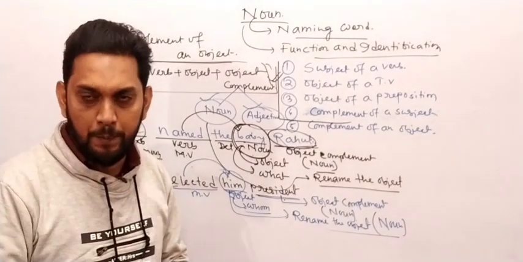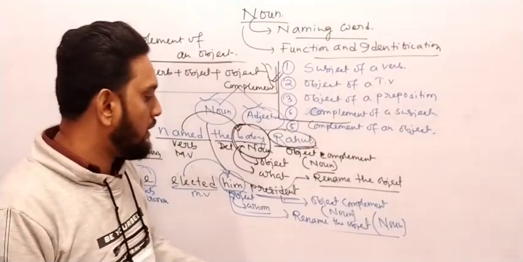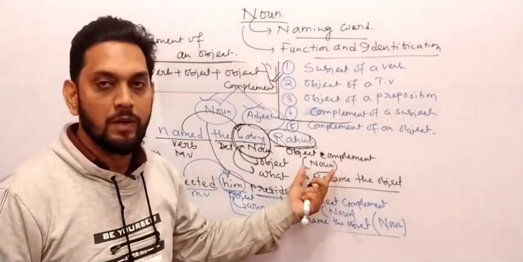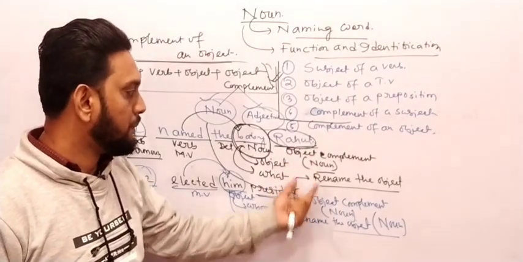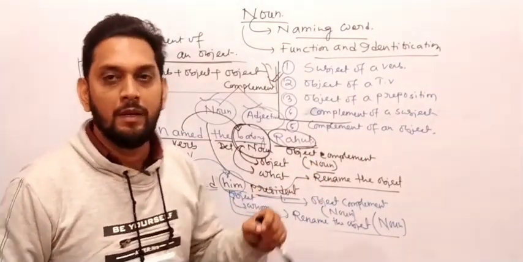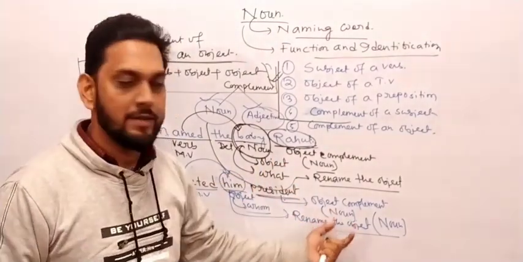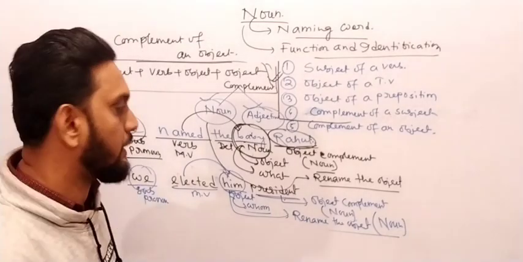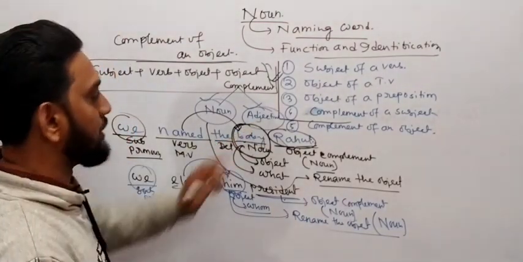This one is the object complement, and an object complement can be either noun or adjective. Both of these examples show that the object complement renames the object, so we must consider it a noun complement. Got it? Okay.